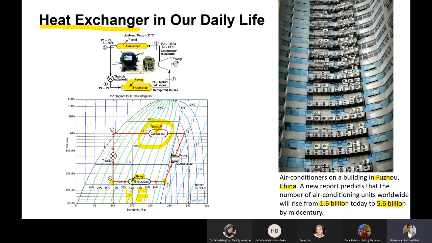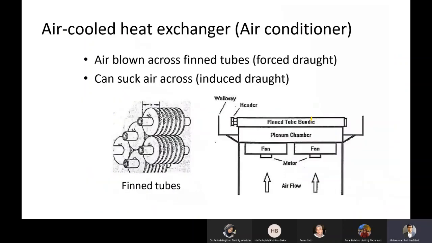A lot of air conditioning, and then we are dealing with a lot of heat exchangers. All of you see here in this building is basically a condenser, and each of them is a heat exchanger. I remember one air conditioning unit consists of at least 2 heat exchangers. The one inside the house is the evaporator, and the one outside the house here is the condenser. A lot.